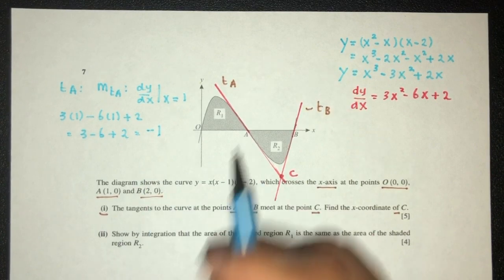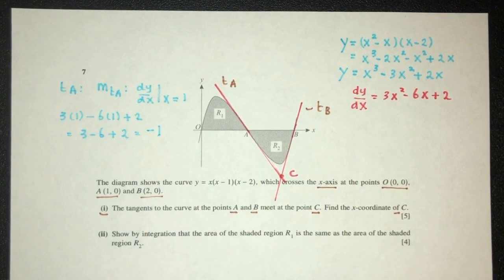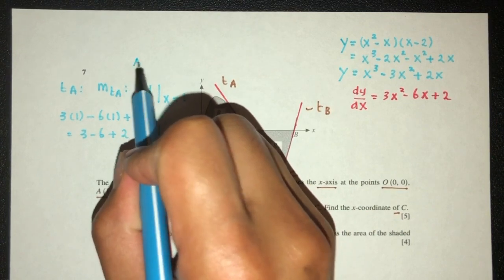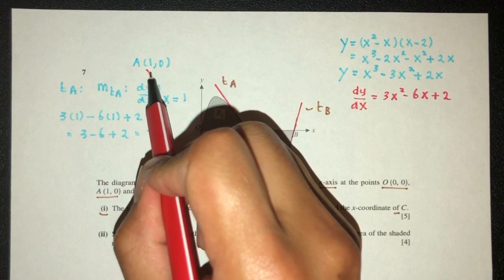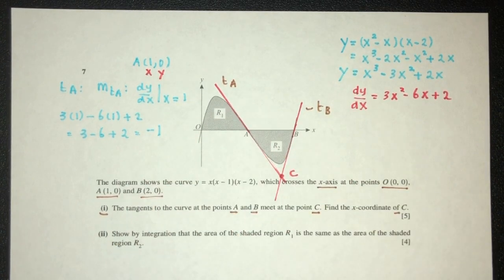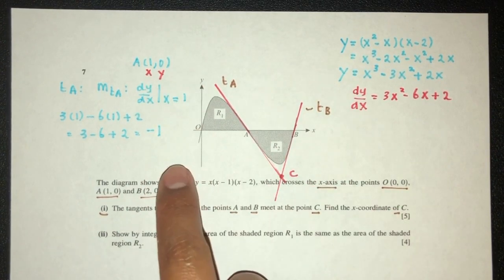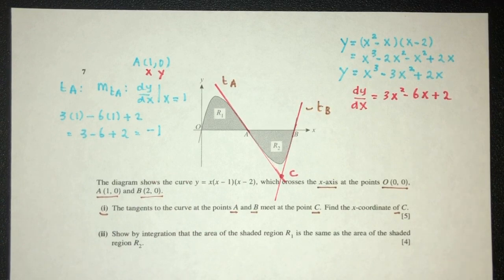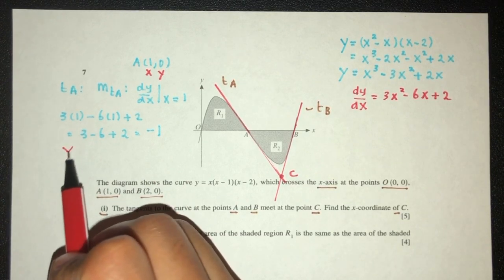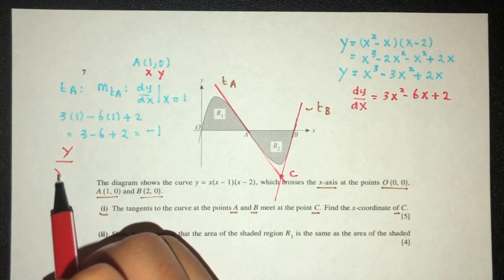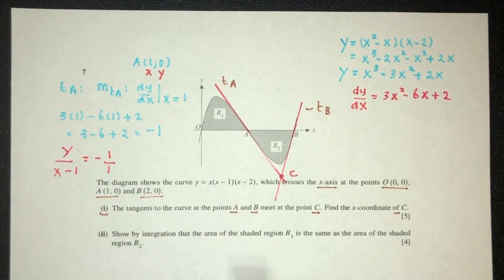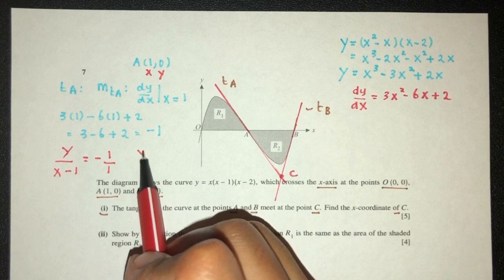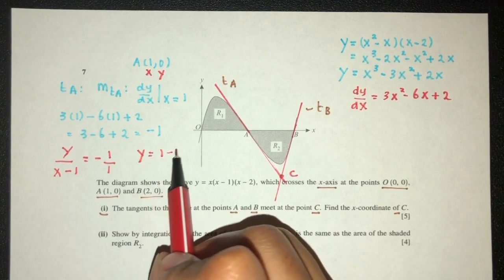So the gradient at the point A is minus 1, and the passing point A is (1, 0), my x value and my y value. I have to use the passing point and the gradient to find the equation of the line. That will be y minus 0 over x minus 1 equal to the gradient. Cross multiplying, you will have y equal to 1 minus x.